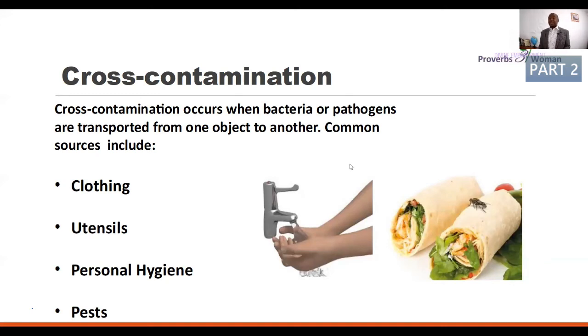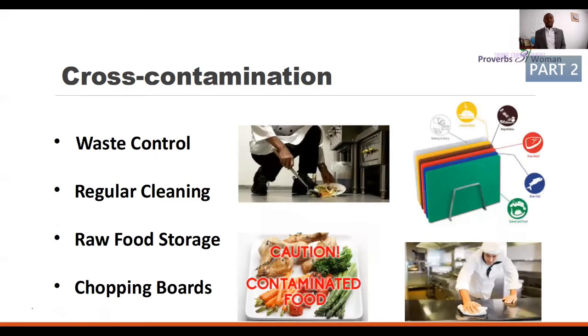And the person eats that food and becomes sick as a result of eating that contaminated food. So that's really dangerous. We have to avoid it. Pests can also cause cross-contamination, like mice, where the droppings get into the food.